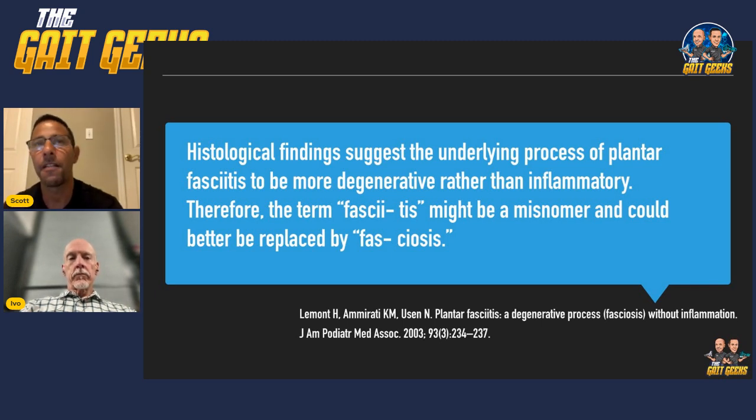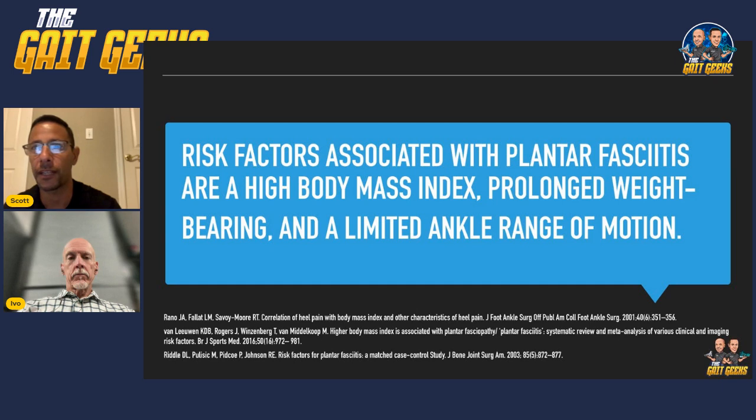For example, the rigid pes cavus type of plantar fasciopathy tends, in my opinion, to respond better to things like night splints, passive stretching, manual mobilization, soft tissue mobilization, really working on increasing extensibility of the plantar fascia using the windlass mechanism, really diving into the talocrural joint, trying to get some more dorsiflexion. Orthotics have some benefit in dispersing forces.